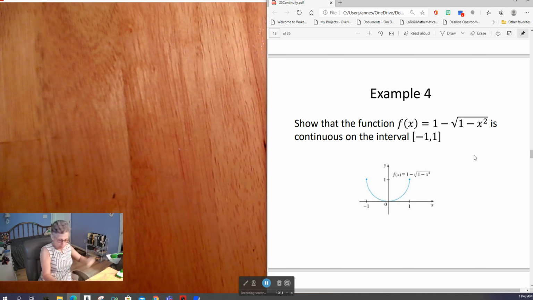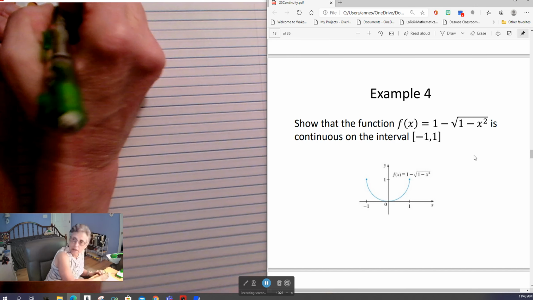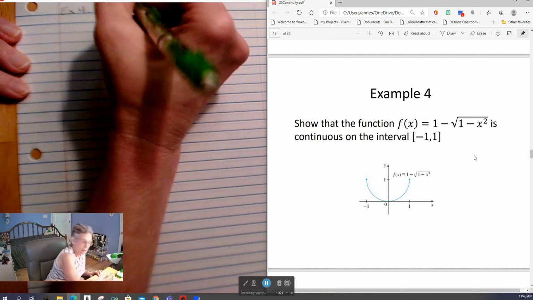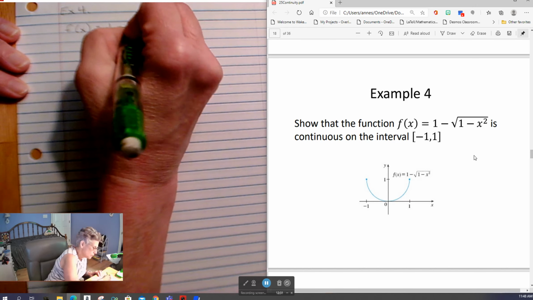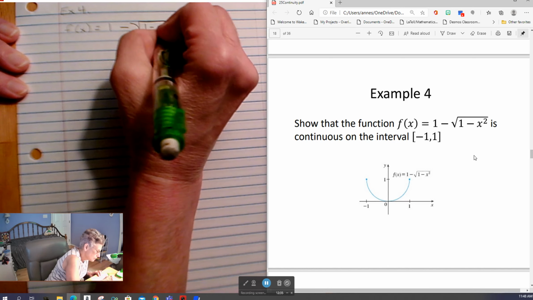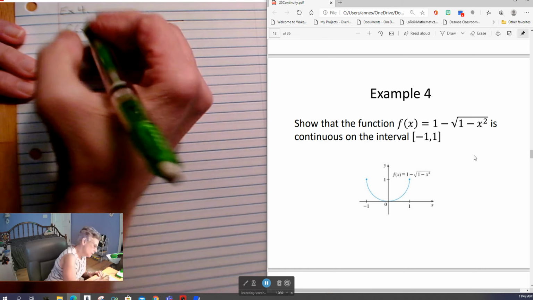Need a new sheet of paper. This is example 4. My f of x is equal to 1 minus the square root of 1 minus x squared.